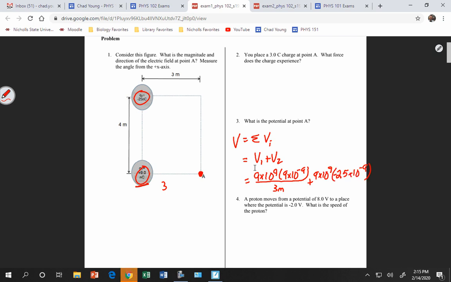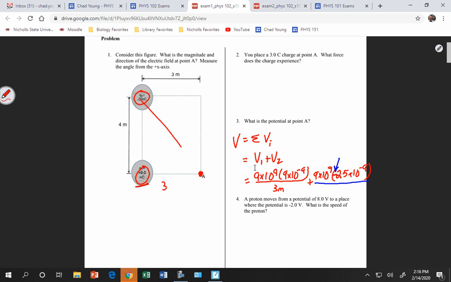And check it out. I have to put a negative right there. Anytime you're dealing with scalar quantities, you have to include the sign. So I included the negative right here. You can tell that on your equation sheet because that equation doesn't have the absolute value bars like the electric field and the force equations did. Divided by the distance, KQ over R.